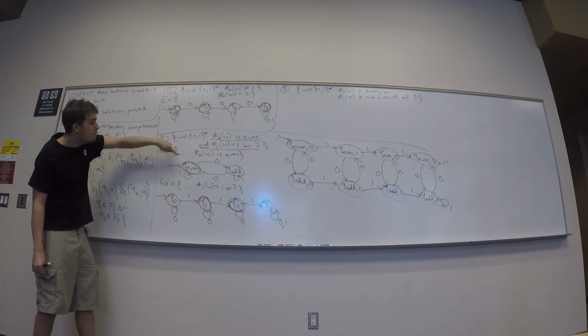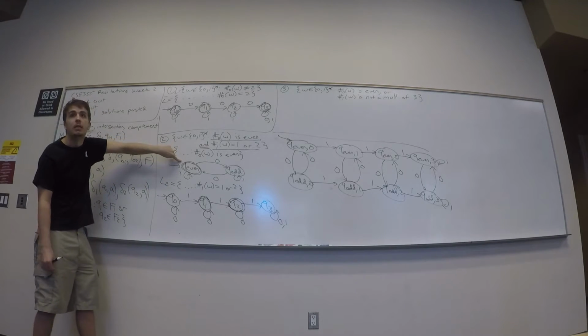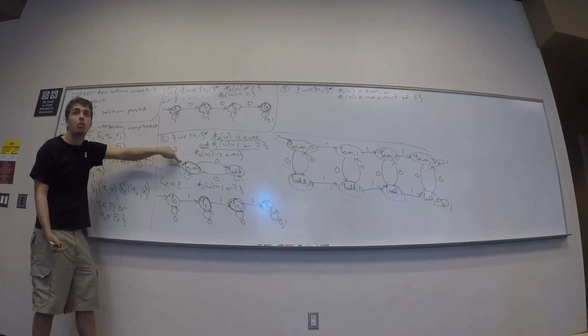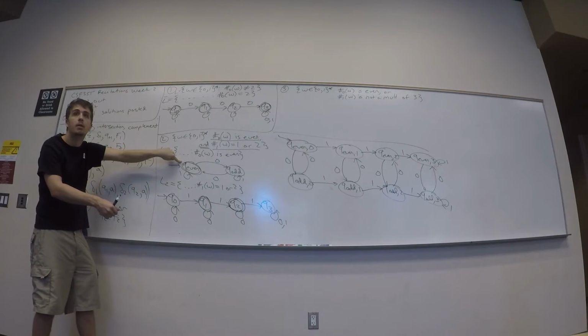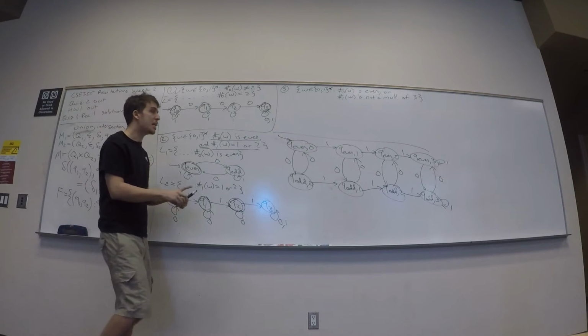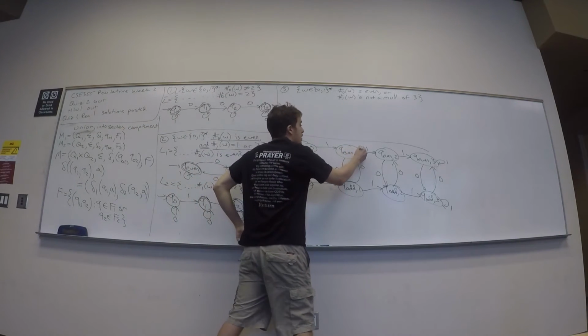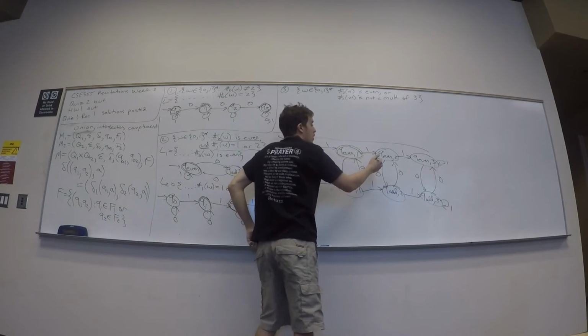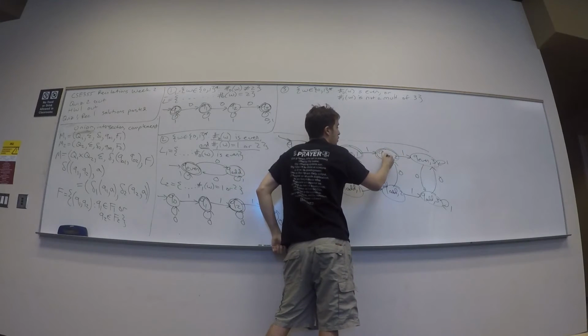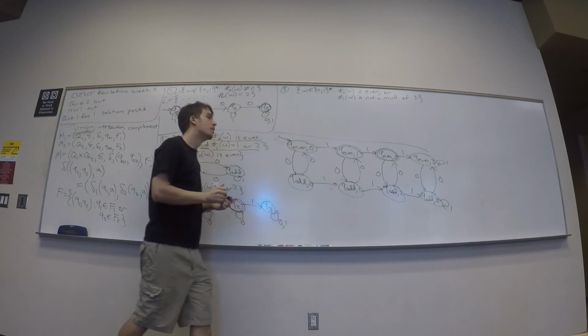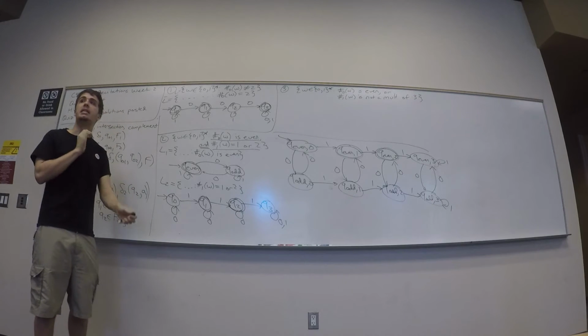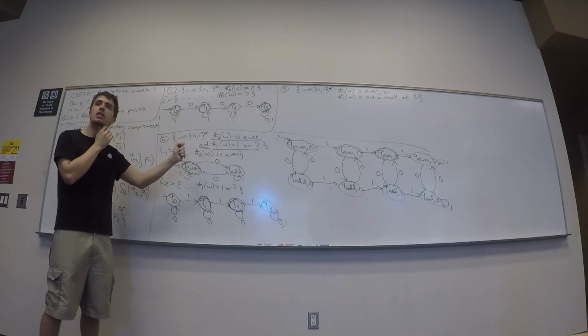Yeah, so I have to be in Q even of the first machine. And what states do I have to be in the second machine? 1 or 2, yeah. So it's either Q even 1 is the final state, or Q even 2 is the final state. And that's it. Any questions on any of that?